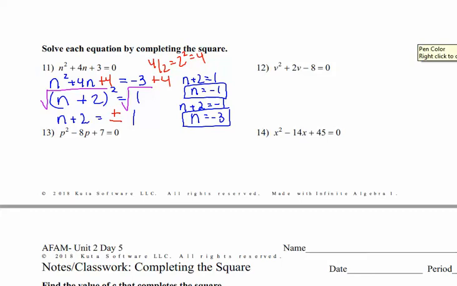So let's move the 7 over. Then I take the negative 8, divide by 2, squared, and I get 16. So I'm going to add 16 to both sides.